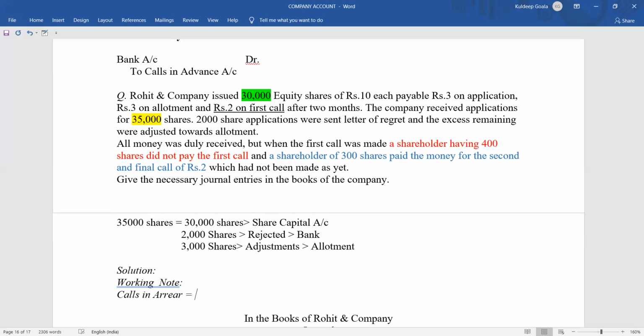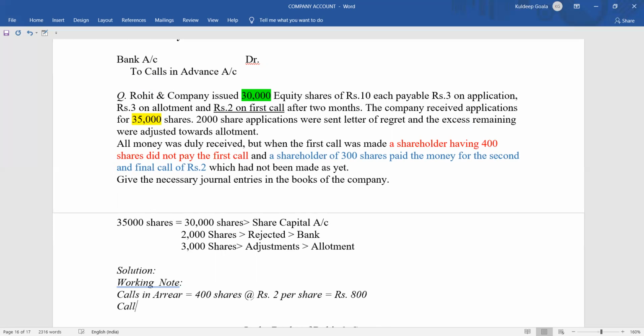So how many shares? 400 shares, multiplied by 400 shares at the rate of rupees 2 per share. How much is it? 4 twos are 800. Clear? 800 is the calls in arrear.